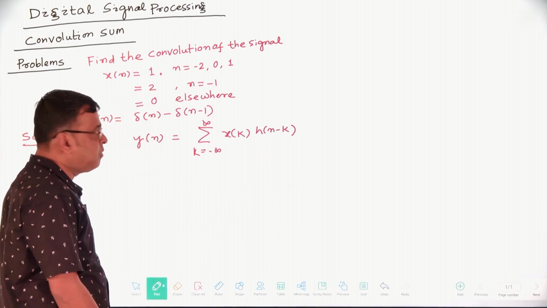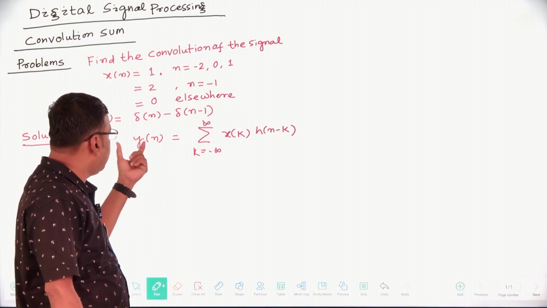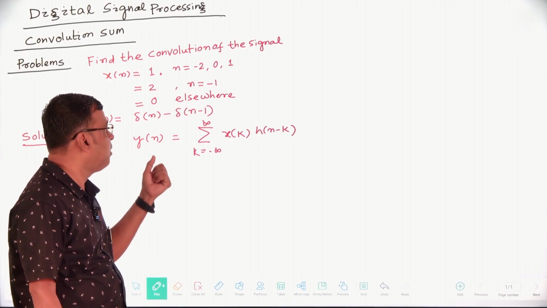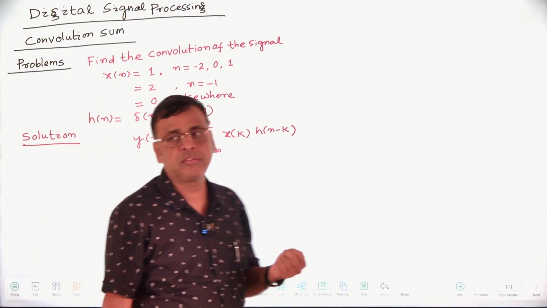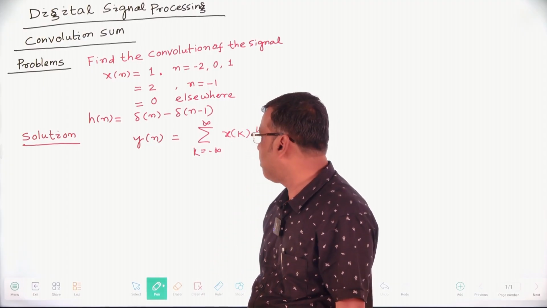This is the basic formula. If you apply this formula, then you can find the response of the signal, that is y of n.